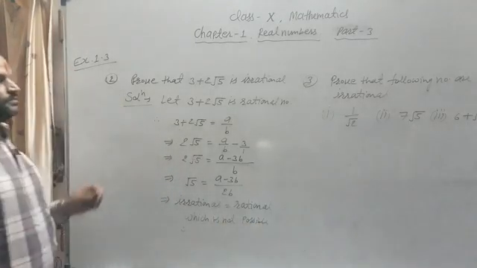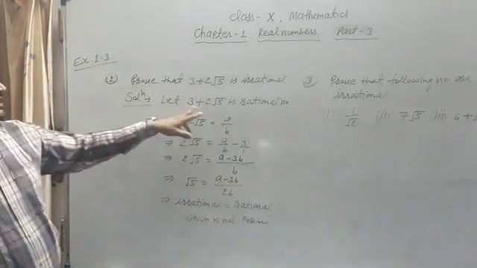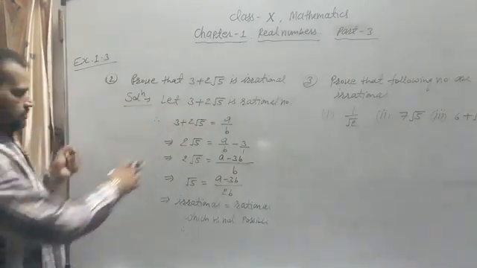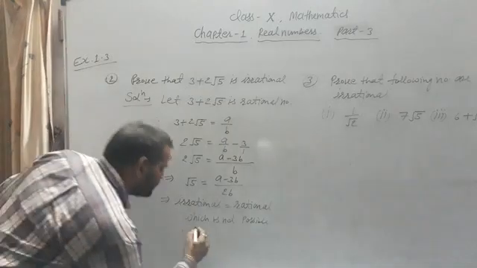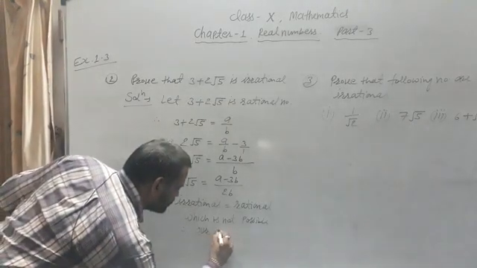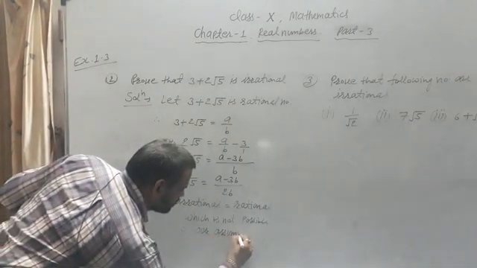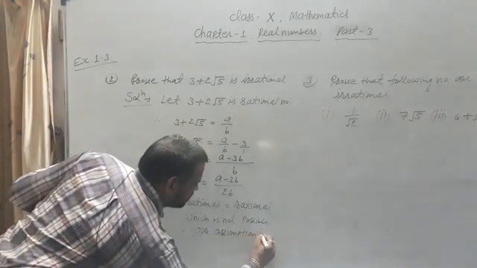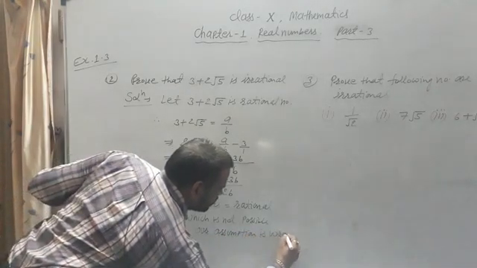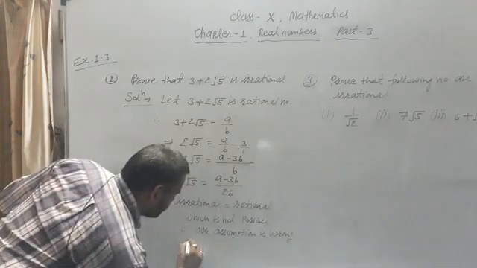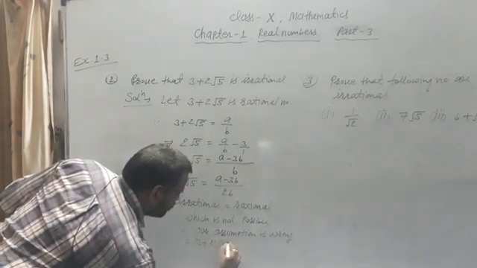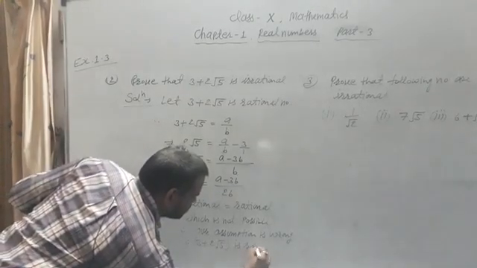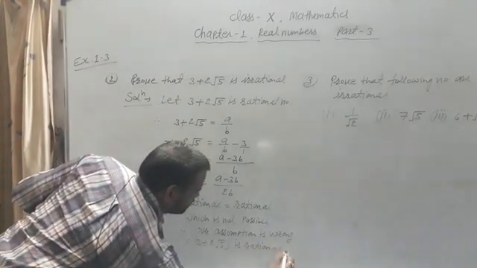Therefore our assumption is wrong. Kya assume kiya tha? 3 plus 2 root 5 is a rational number. Therefore our assumption is wrong. Therefore 3 plus 2 root 5 is irrational.